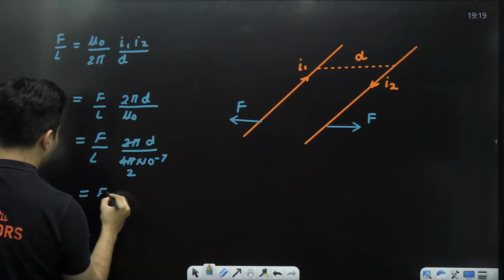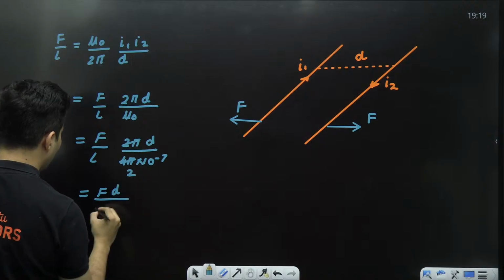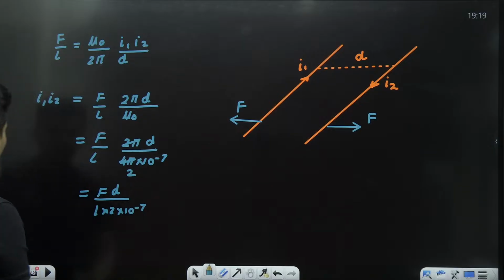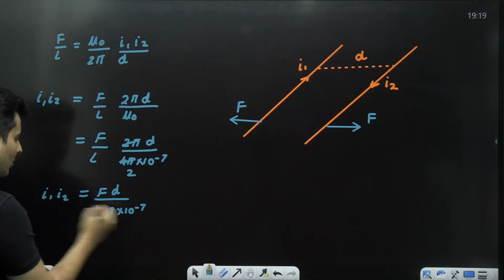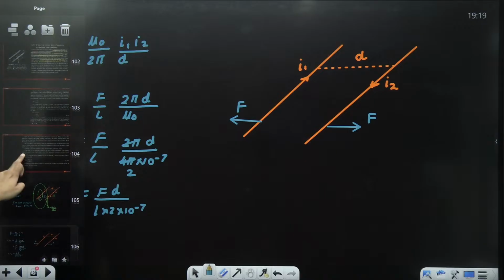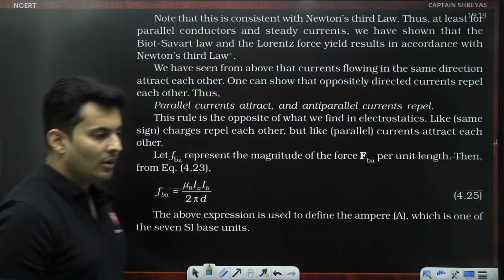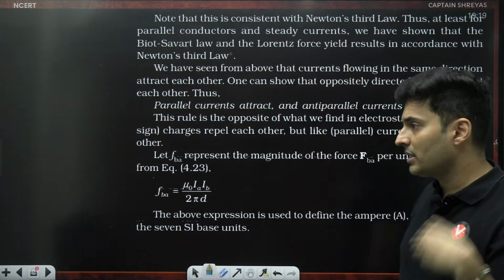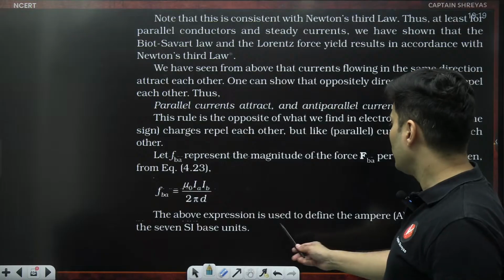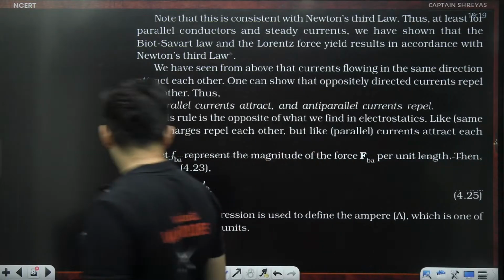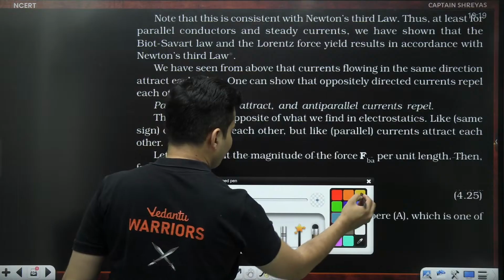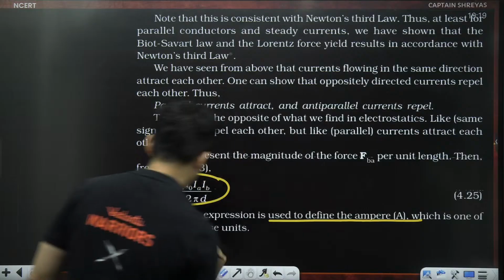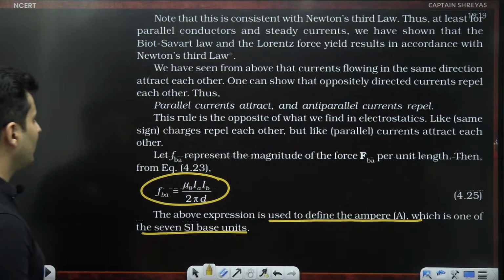So I'll just get F d by L multiplied by 2 into 10 to the power minus 7. Now this helps me define the unit of current. If you remember, the SI unit of current is the ampere, and the ampere is a fundamental quantity. Charge is not, charge is a derived quantity. So this is used to define the ampere, which is the base unit, the fundamental quantity.